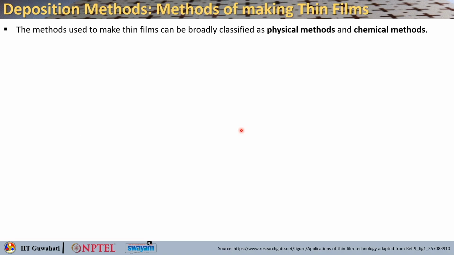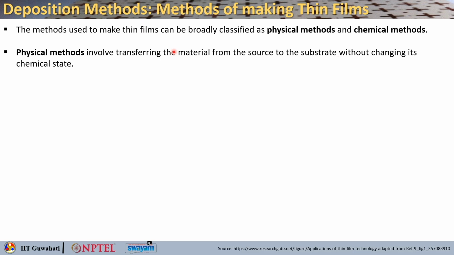Now, let us look into the deposition methods of making these thin films. Thin films can be made by two methods, two buckets you can think of: physical methods and chemical methods. Physical methods basically involve transferring the material from the source to the substrate without changing its chemical state.